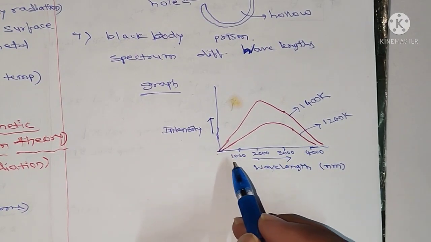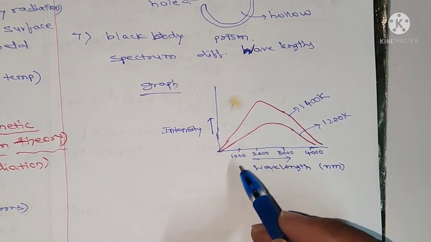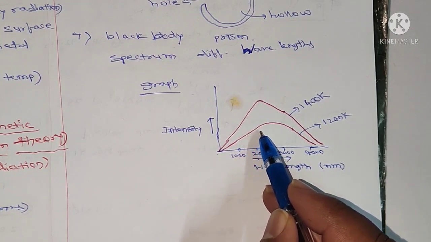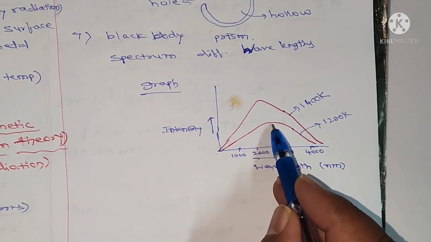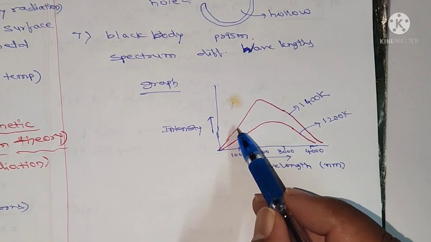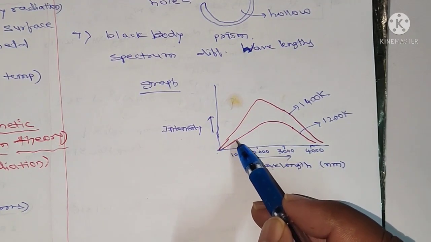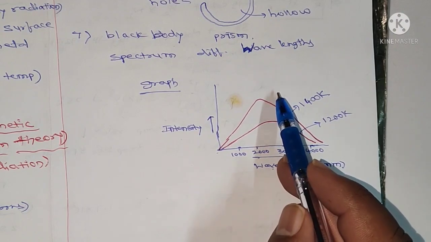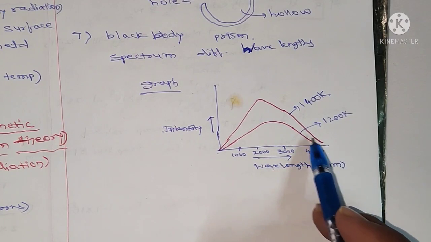So at a given temperature, the intensity of radiation gradually increases as wavelength increases and then decreases.